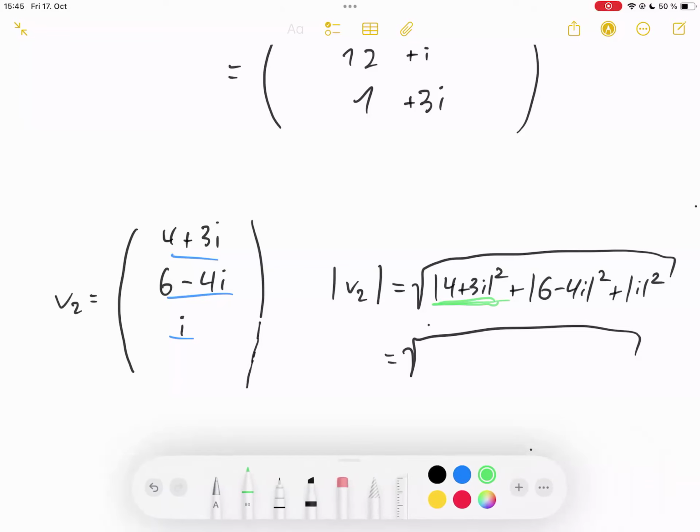And we take this and we square it. So this one here, as we said, square root of 25, which is 5. But then we take this and square it, plus this one here is 6 squared, so 36 plus 16 from the 4 squared. So it's 52.